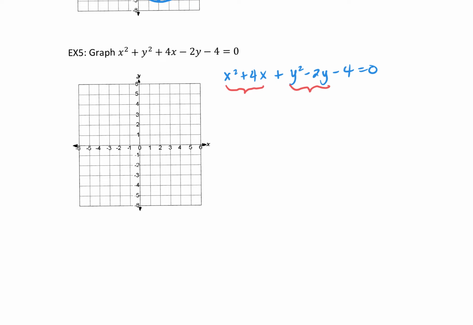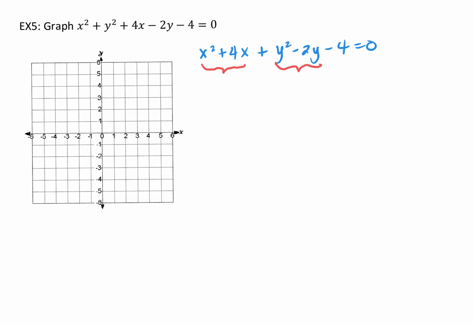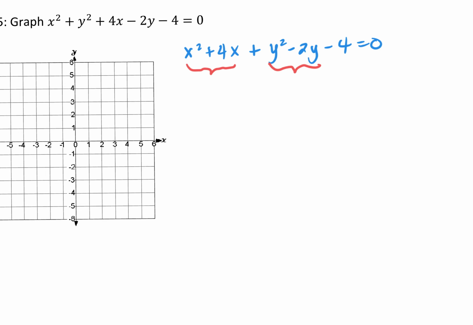If I look at those x's and complete the square just on the x's, I'm going to take half of the 4, so that's 4 over 2, and square it, which gives me 2 squared, and I get 4. So I'm going to add 4, and I'm going to put this in parentheses to the x squared plus 4x, plus, we're going to look at the y squared minus 2y.